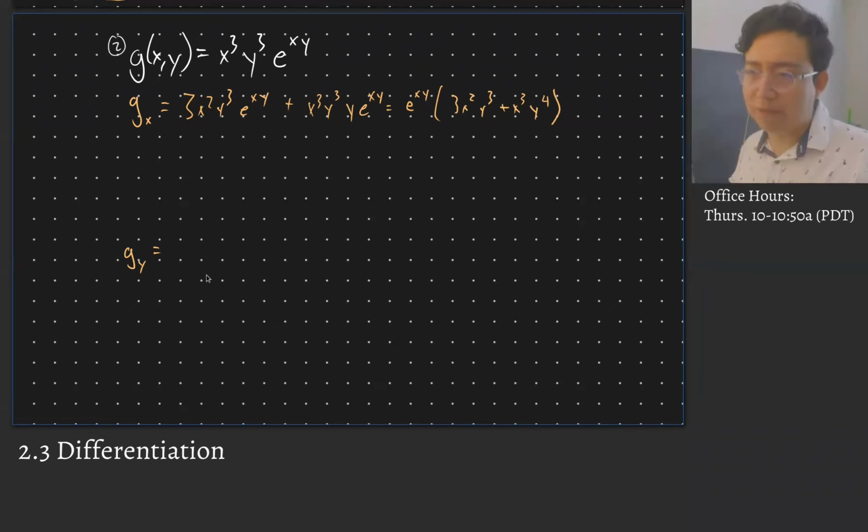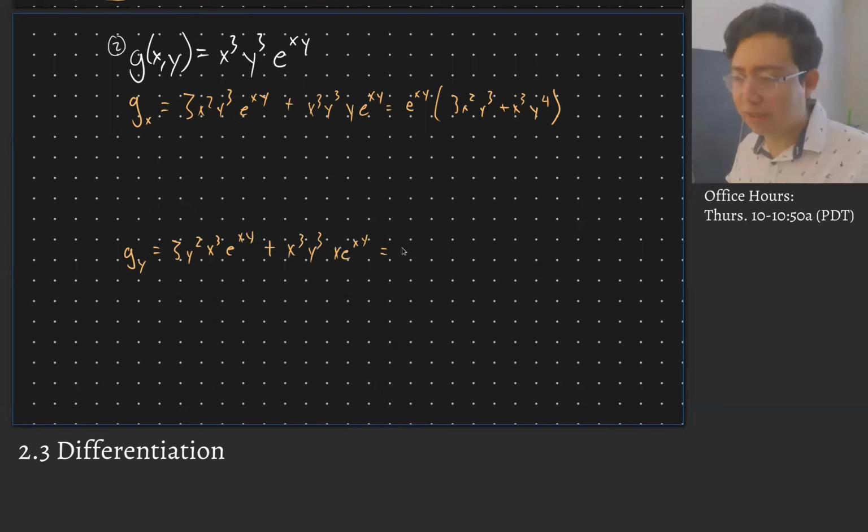So if we just do it by hand, we get 3y squared x cubed e to the xy plus x cubed y cubed x e to the xy, which simplifies, again, we factor out the e to the xy, and we get 3 y squared x cubed plus y cubed x to the fourth.